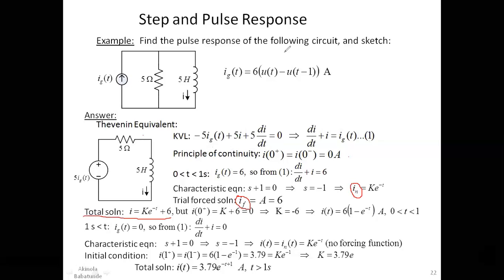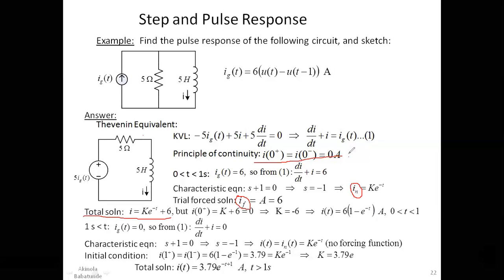Then we know that I of 0 minus simply means what is happening in the circuit before the switch is turned. I of 0 minus is going to be equal to 0 because, like we defined it here, for continuity I of 0 minus is the same as I of 0 plus, which is the same thing as I naught or I of 0, and that is equal to 0.